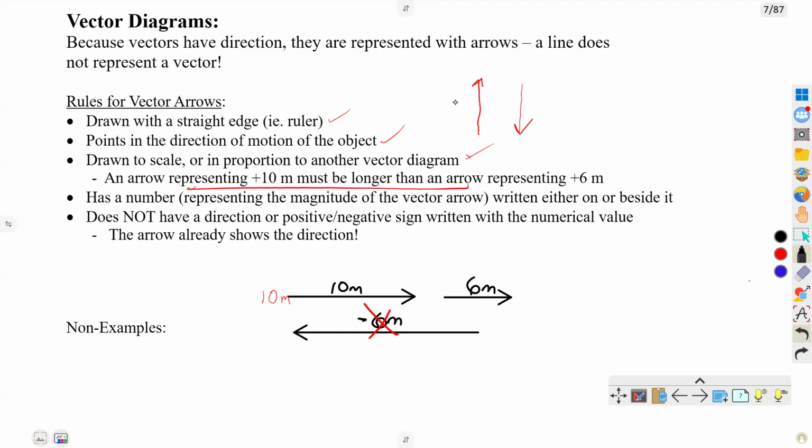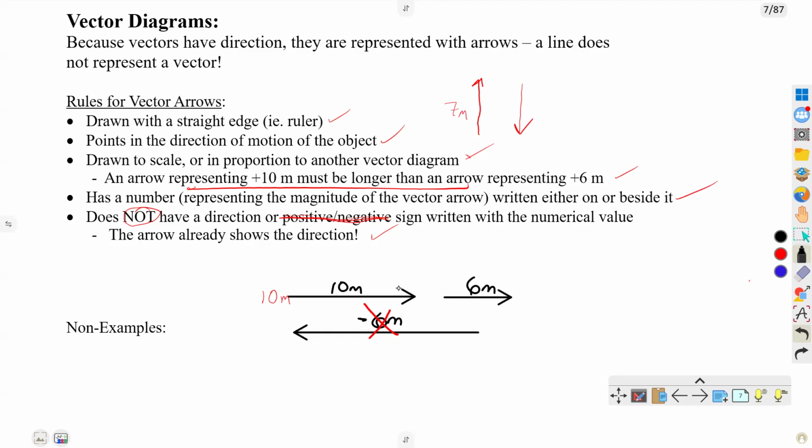Up here, this might be like 7 meters, etc. Now, because the arrow is indicating the direction, we do not have to have a positive or negative sign written with the numerical value because the arrow is showing the direction. So again, here we're saying 10 meters pointing to the right, 6 meters pointing to the right.